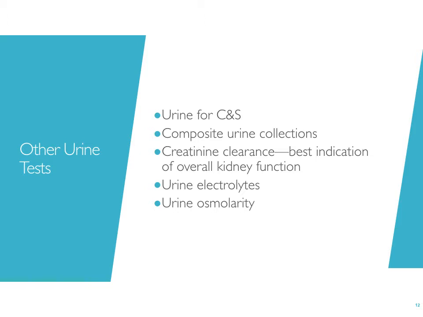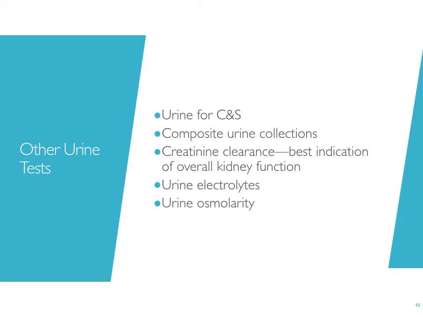Some of the other tests that we do are a urine for culture and sensitivity. Obviously, if I've seen bacteria in the urine, I'm going to want to get usually a clean catch urine for culture and sensitivity. A composite urine collection is when we get urine over a period of time. Most commonly, we see 24-hour urines. Creatinine clearance is the best indication of overall kidney function.